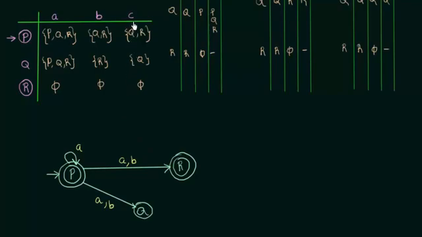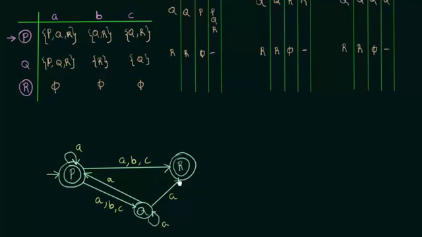Alright, and then on input C, where does P go? It goes to Q and R. So I can write input C also here. Okay, now let's come to state Q. Q on input A, where does it go? Q on input A goes to P, Q and R. So it goes to P and it goes to Q itself, and also it goes to R. That is on input A. And Q on input B, where does it go?